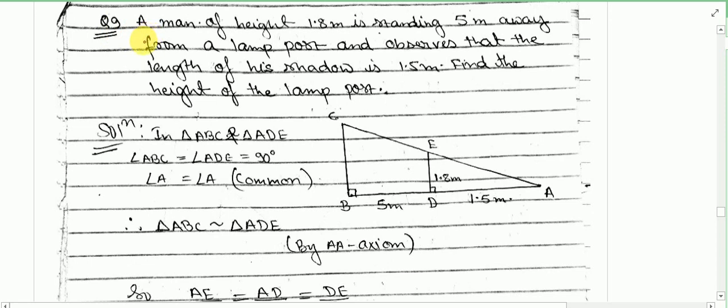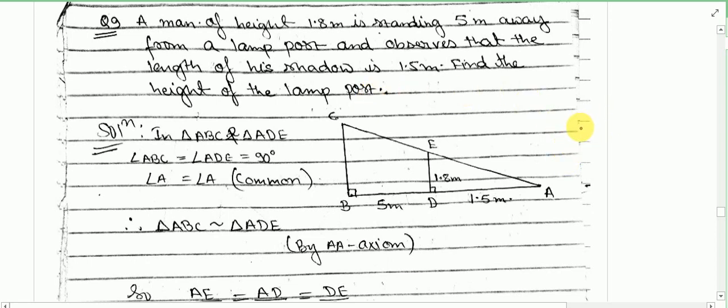So question number 9 says, a man of height 1.8 meter is standing 5 meter away from a lamppost and observes that the length of his shadow is 1.5 meter. Find the height of the lamppost.